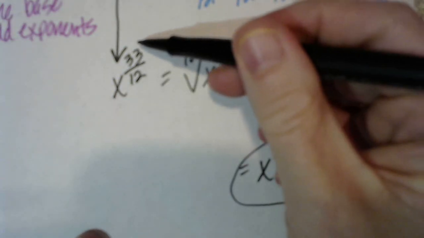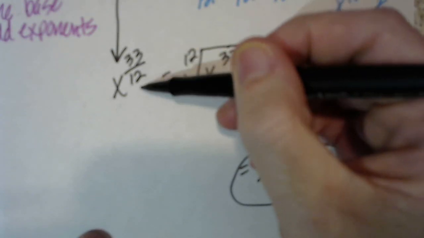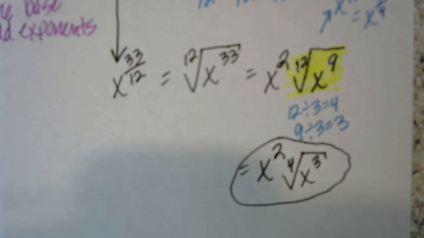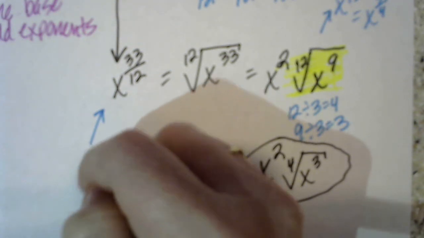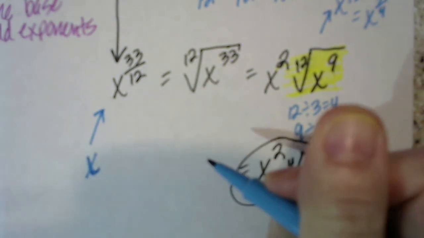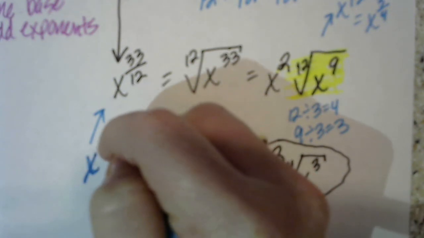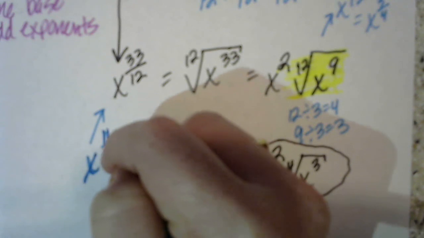Some people might have noticed from the very beginning here that this fraction could be reduced. Both of these numbers happen to be divisible by 3. So right at this point, some of you may have also said, well, this is actually the same as 11 over 4.